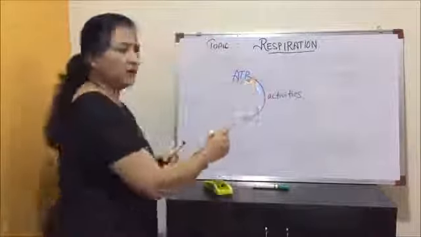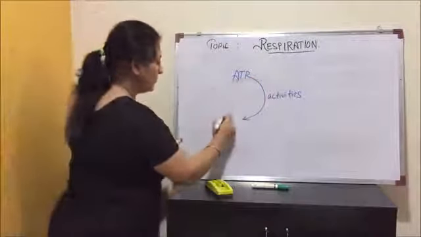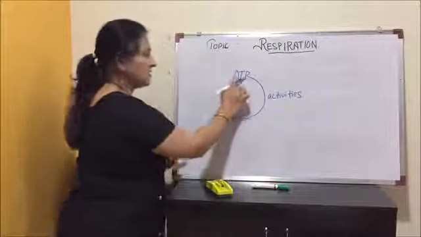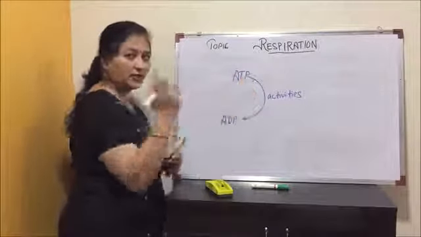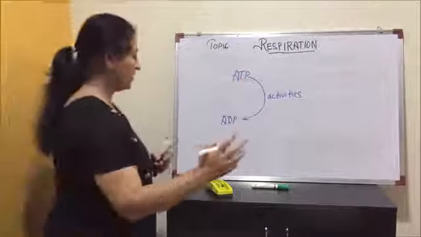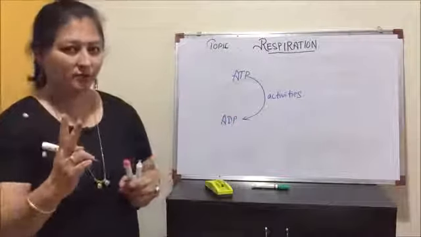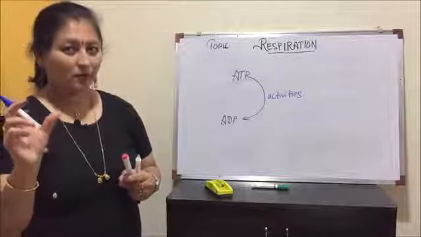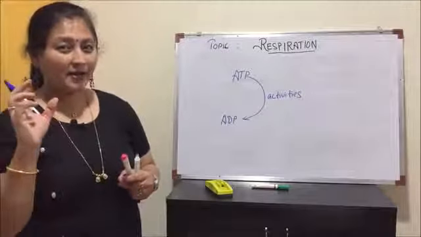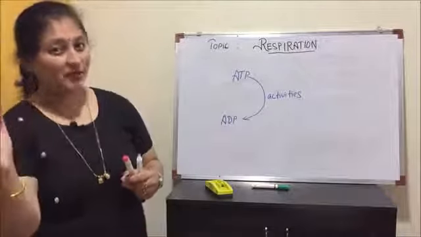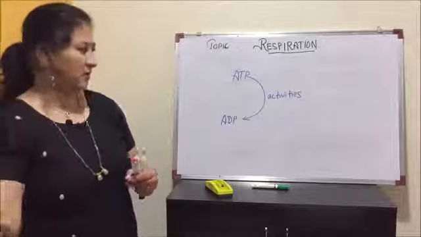Now this ATP will turn into ADP. This is adenosine triphosphate. So there are 3 phosphates over here. Adenosine diphosphate, there are only 2 phosphates. The last phosphate bond is broken down, and when it gets broken down, the energy is released, and this energy is used for different cellular activities, right?